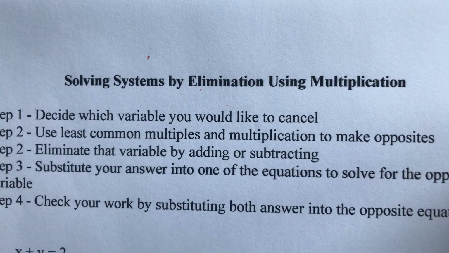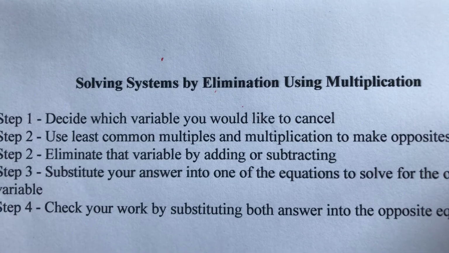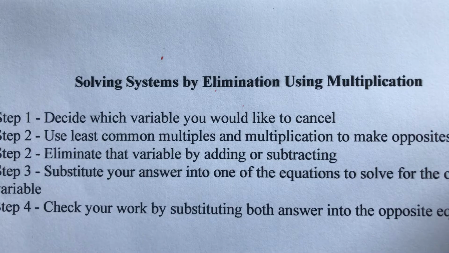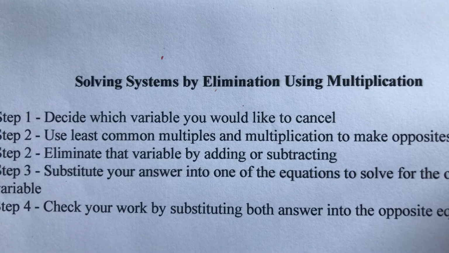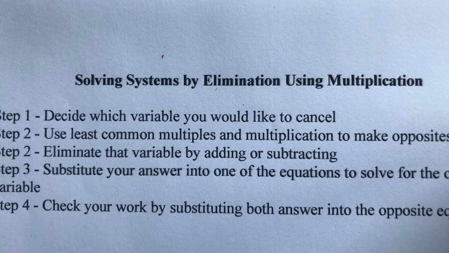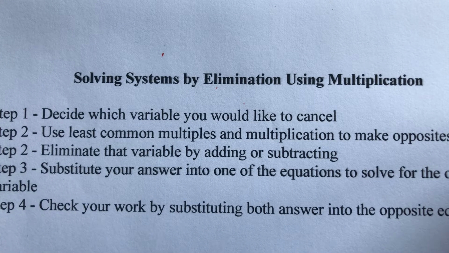So we need to first look at the equations, step one, and decide which variable we'd like to cancel. Maybe one looks easier than the other. Maybe the numbers are smaller. Sometimes they're both equally as easy or as hard, depending on which way you're looking at it. To do this, we're going to use multiplication.